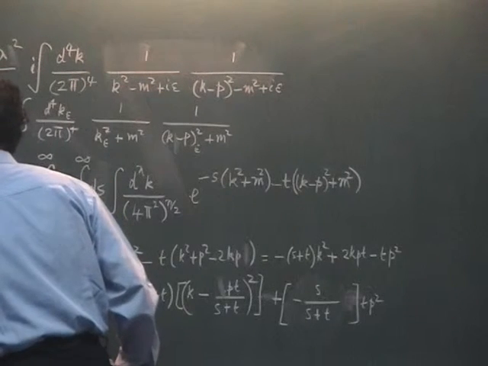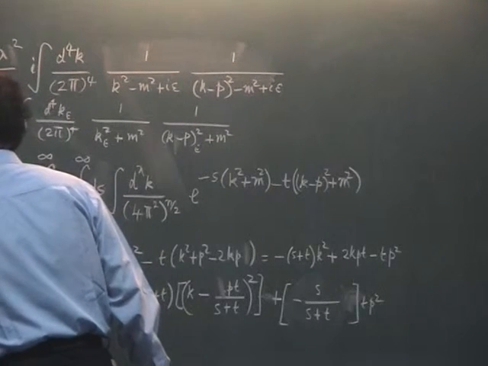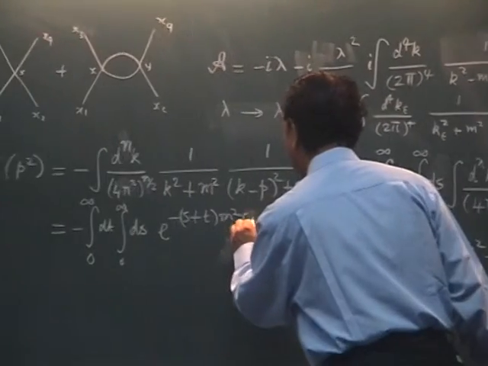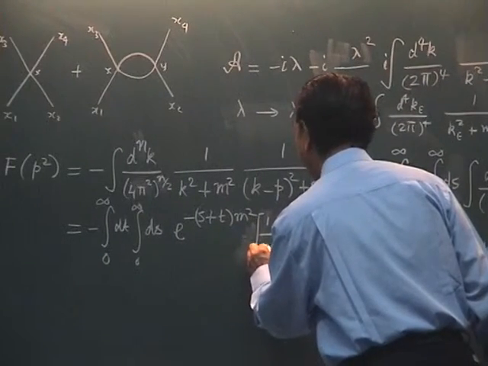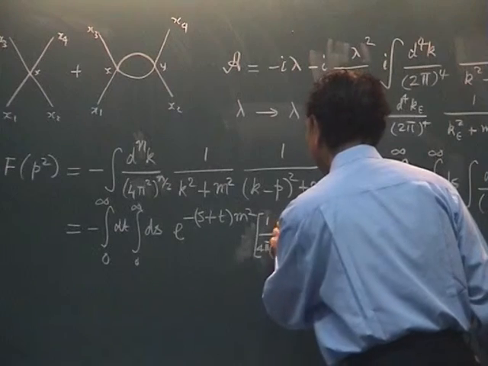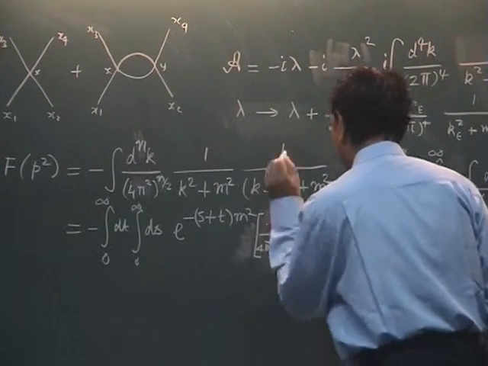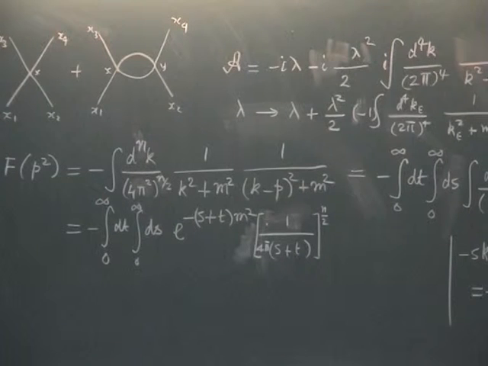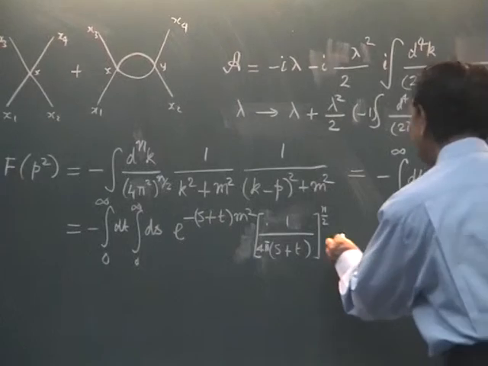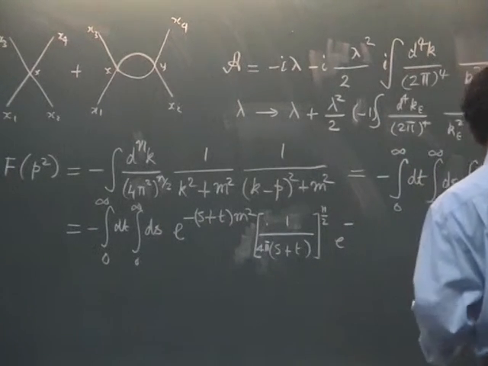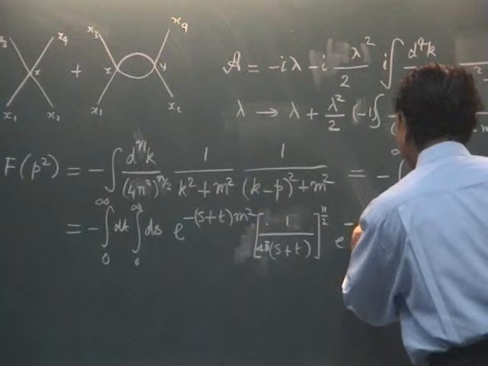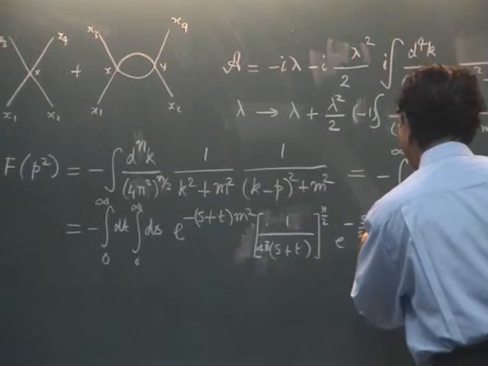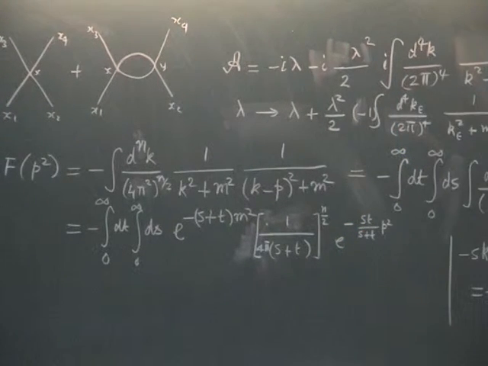So you take that 4 pi square inside, so you get 4 pi, and this pi goes there. That comes from that integration, and this is left. So I have this into e to the minus st upon (s plus t) p square. Okay? This is assuming the algebra is correct, this is what we get.